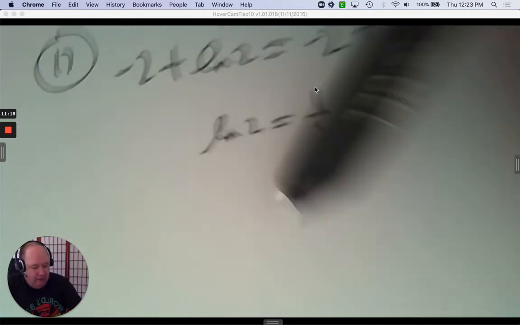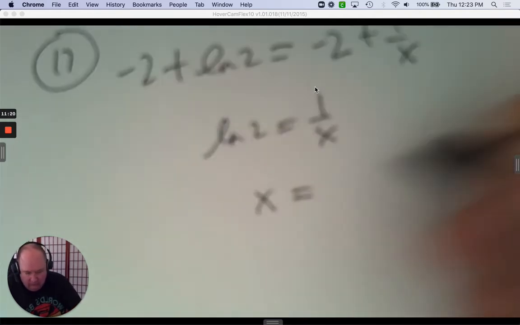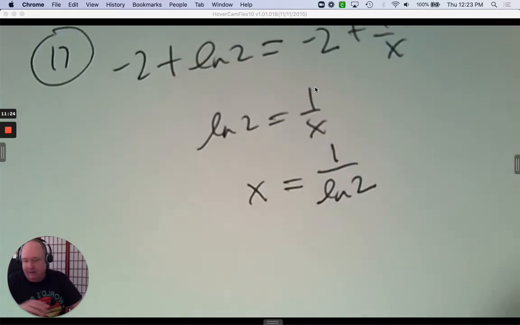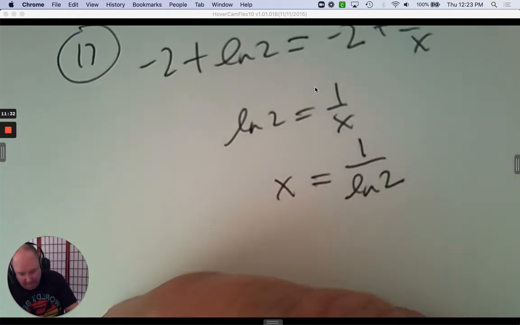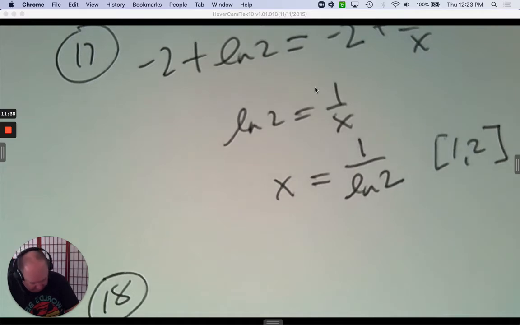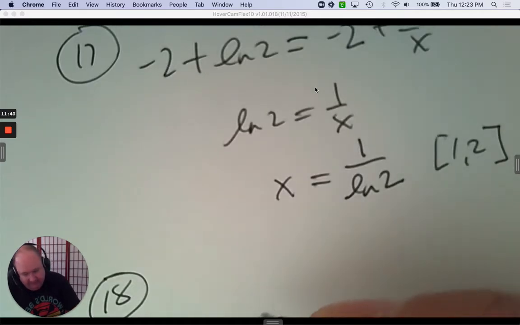If I solve for x, just do the reciprocal if you like, or multiply by x and then divide. It's 1 over ln 2. That would be the c value. Number 18. And that number is actually between 1 and 2, just so you know. It has to be.